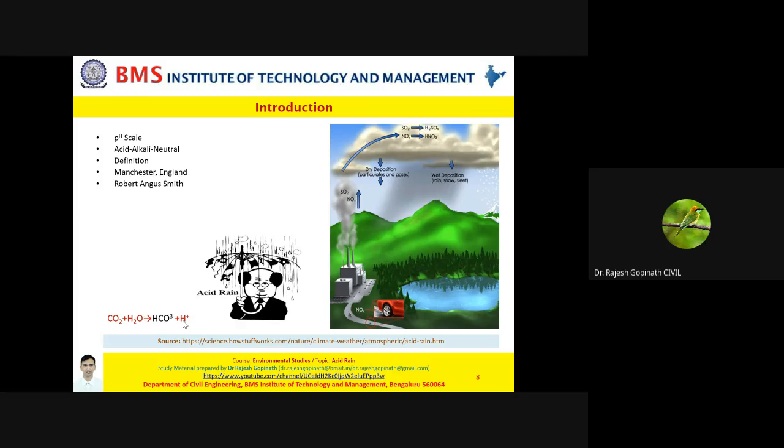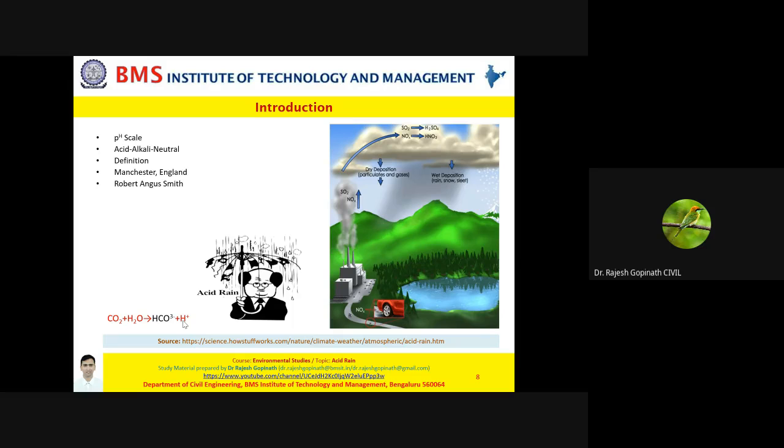In the year 1852, a gentleman called Robert Angus Smith discovered that there is a connection between rainfall and atmospheric pollution. Though we discovered it way back in 1852, until the 1960s there was not much work carried out. But after the 1960s, several research studies have been carried out in understanding acid rain.